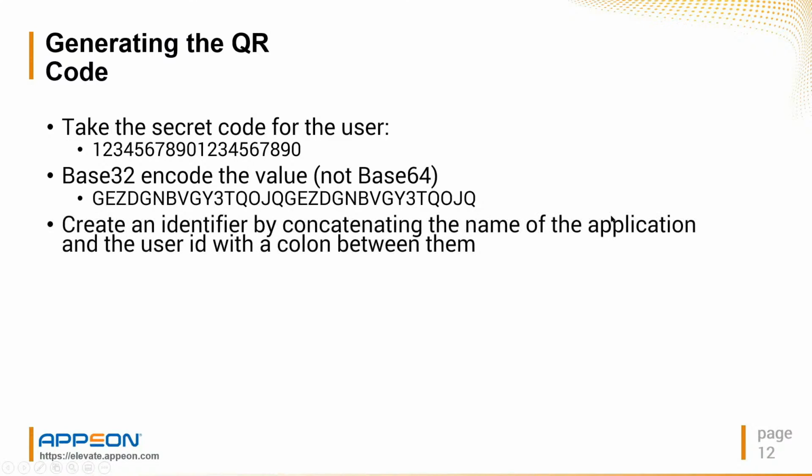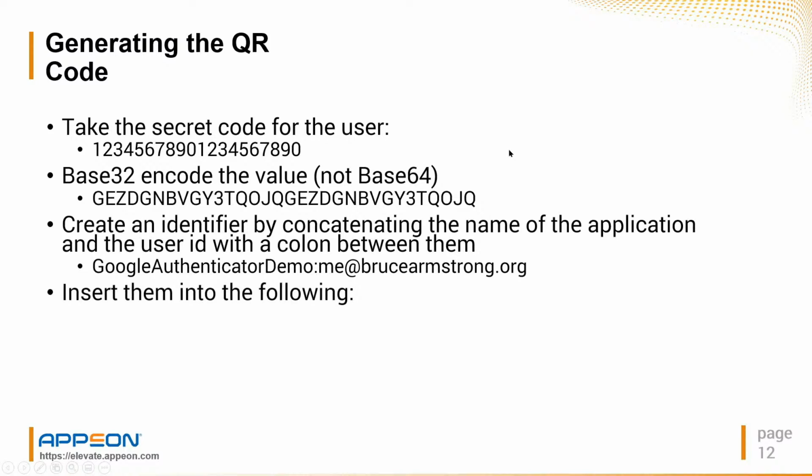Okay? We create an identifier that's the name of the app, and I just happen to call the app Google Authenticator Demo, and put in a colon, and then put in the user ID. In this case, I used my email address. We insert them into the following string. So there's this sort of URL prefix.